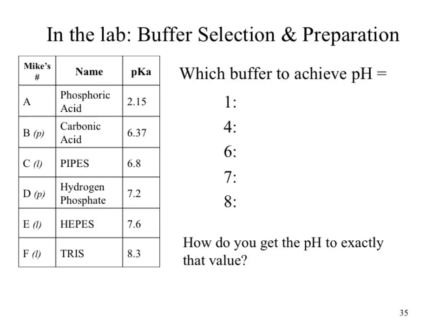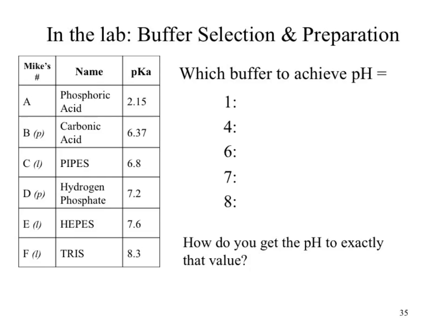After that, you've gone far enough outside of the realm of the buffer that it starts to spike upwards or downwards. So we're out of its buffer range. So tris will work fairly well as a buffer between, I can add better than I can subtract, 7.8 to 8.8. Roughly its valid pH range.